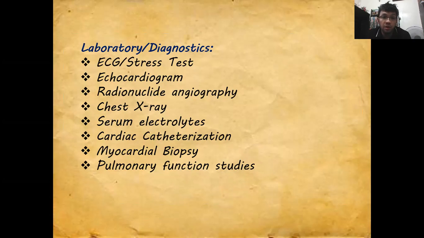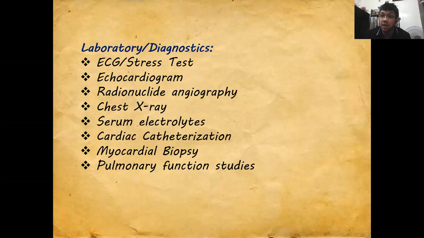So with this, our nursing responsibility with radionuclide angiography is to assess the patient for any allergies to the contrast medium that the patient is going to take in. Chest x-ray can be done.